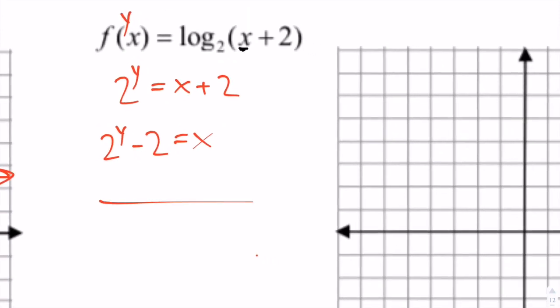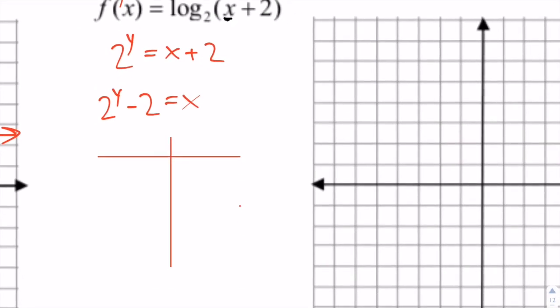Okay, so let's make our table. We see that we're shifting down 2 units. So let's plug in some x's and some y's by really starting with the y's and figuring out what x would have to be. So some easy numbers for y to be. Again, no shifts left or right, so let's go -1, 0, and 1. Now 2 to the negative first power is 1/2.